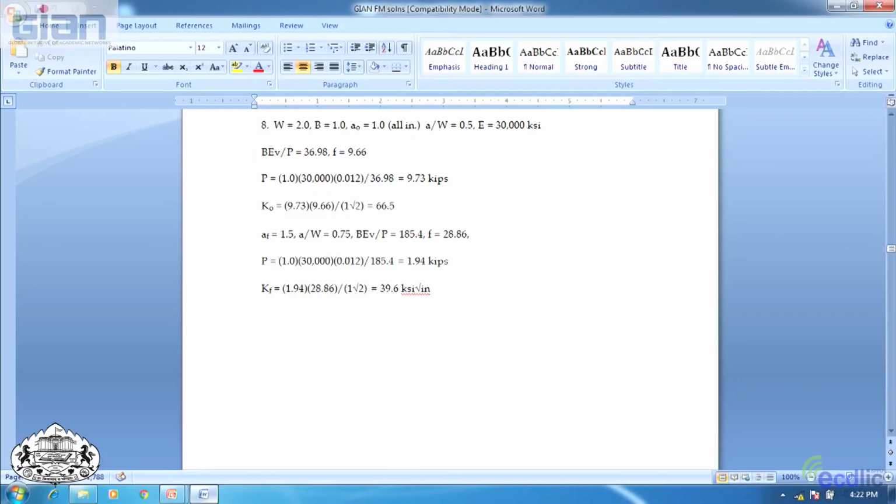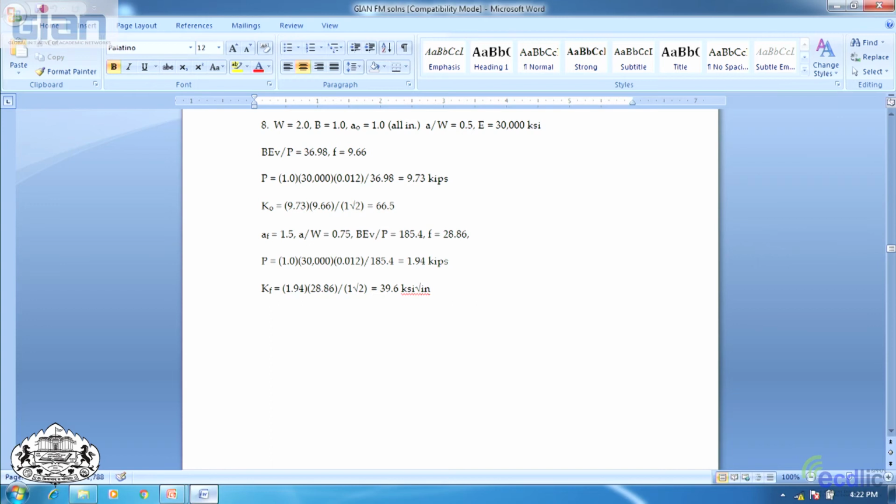I think we'll maybe do this more tomorrow, but let me talk a little bit, then we'll take a break. I just want to go over this one just briefly. Here are the data to start. The displacement here was 0.012.